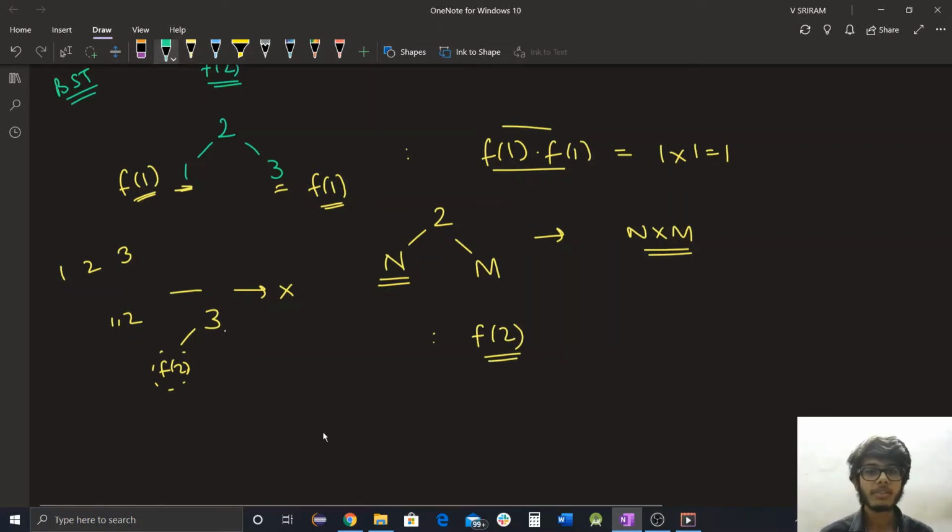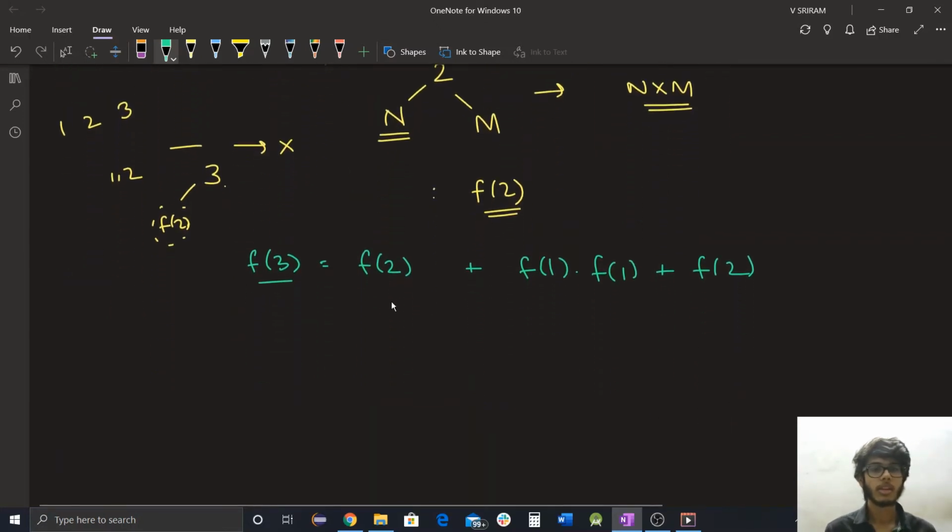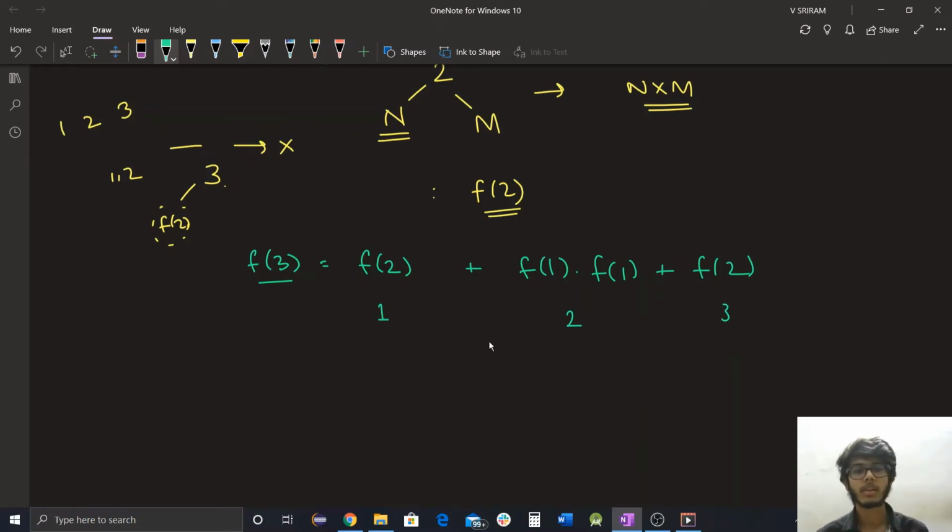So basically if we need to calculate f3, that is the total number of trees that are possible with 3 nodes 1, 2 and 3, it is nothing but f of 2 plus f of 1 into f of 1 plus f of 2. This is with 1 as root node, this is with 2 as root node, and this is with 3 as root node.